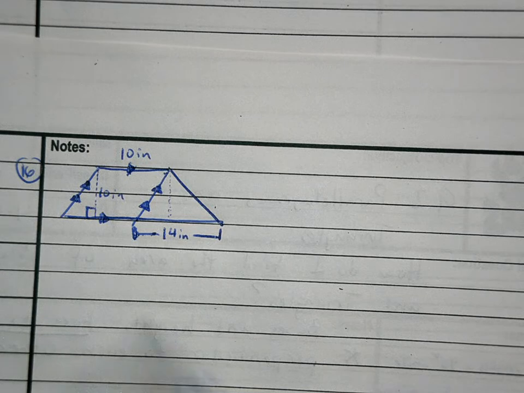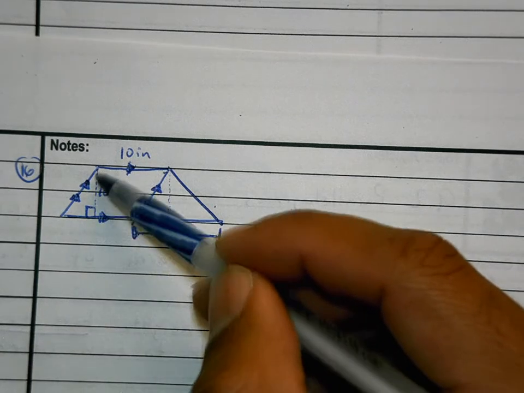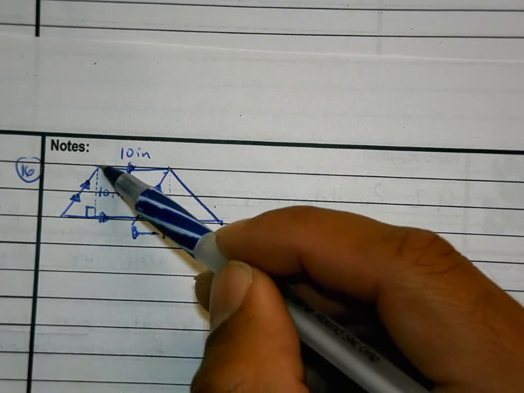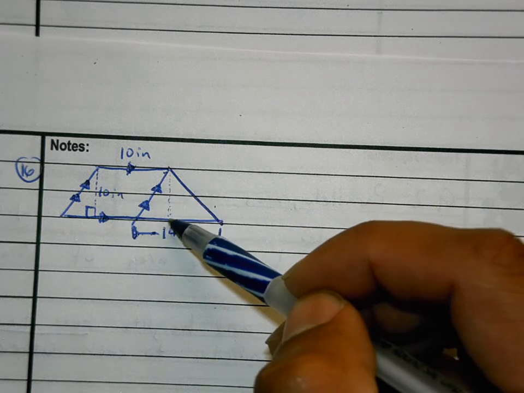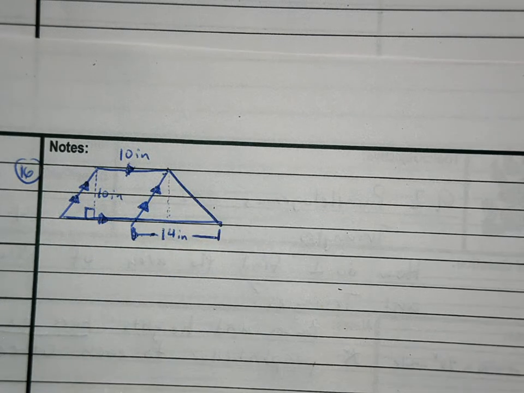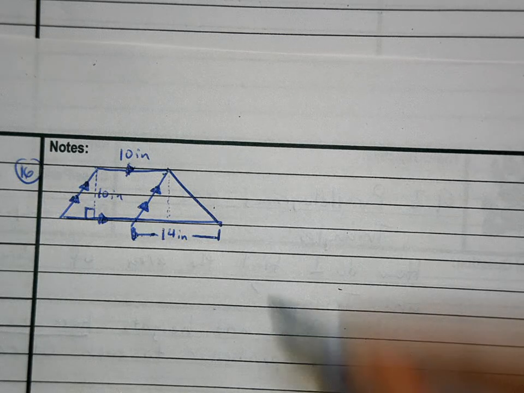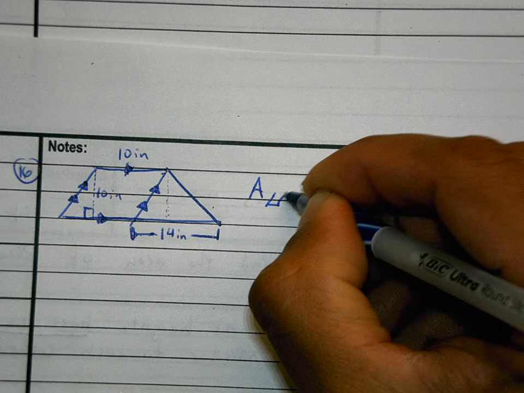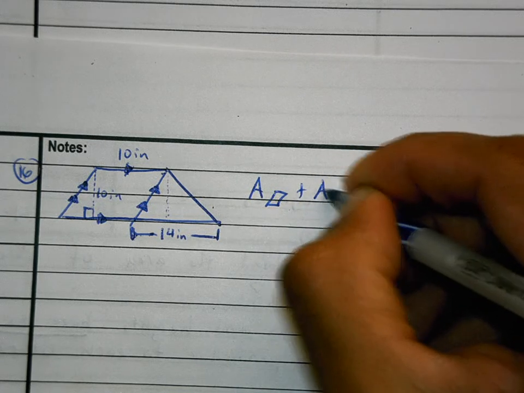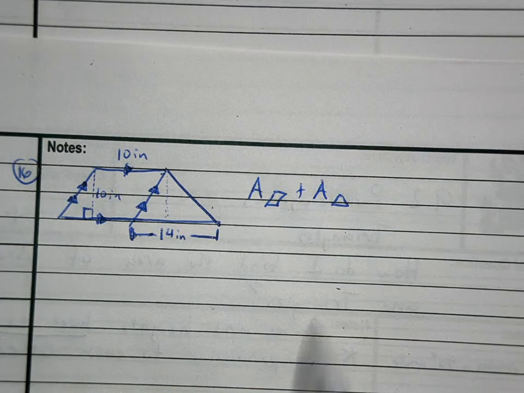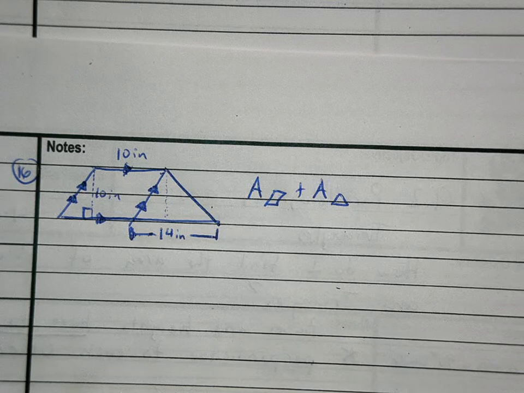Because this 10 from this base to that base is going to be the same from this base to that one right there. So what I would do if I were you is I would find the area of the parallelogram and add the area of the triangle. That's what I'm going to write. Area of a parallelogram plus area of the triangle.